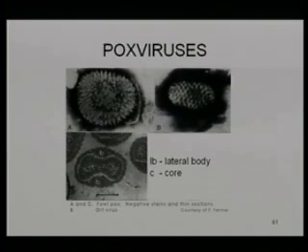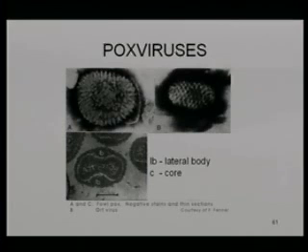It's got a core here which contains DNA and associated proteins and is thoroughly packaged in some way we don't really understand. But you can see it's got a symmetry to it. We just don't understand it. And then on either side of here, it's got lateral bodies. We're not sure what the lateral bodies do, but we think they probably include a lot of proteins that are needed for infection when it gets into the next cell, rather like the tegument proteins of herpes.